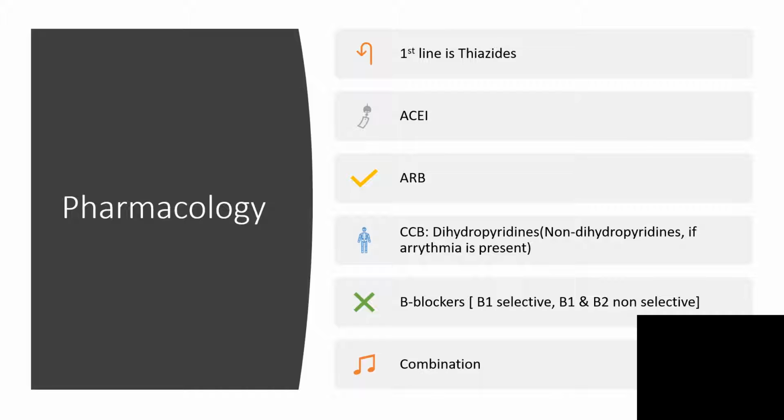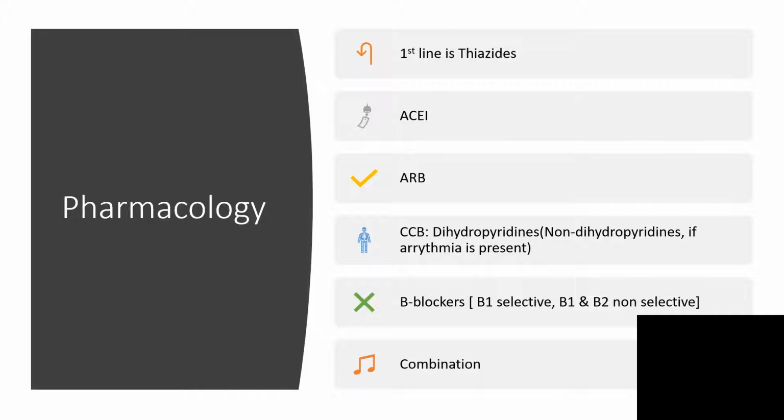Pharmacological treatment. As a matter of fact, I'm going to have a separate presentation that will take minutes on medications for hypertensive patients. But just briefly here, let me summarize that the first line is thiazide, hydrochlorothiazide or chlorthalidone.